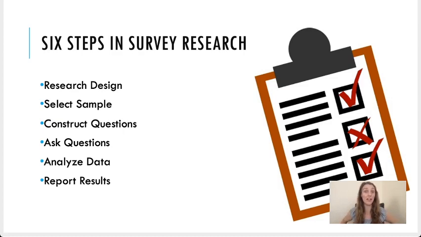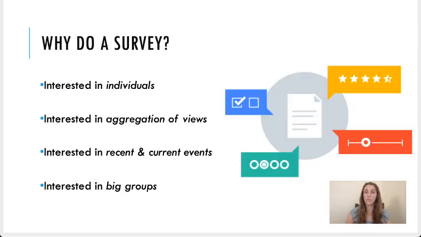We'll be sampling other students. And then constructing questions. So that's coming up on our agenda. We're going to want to construct questions for our surveys. Then we ask those questions, get data from them, and then report our results. Right, those are the steps to survey research.